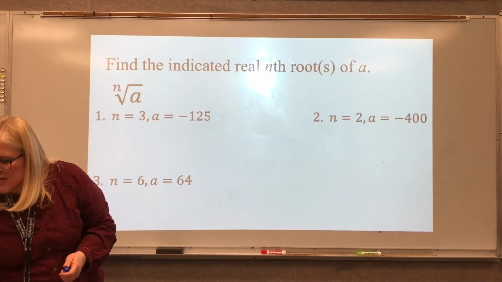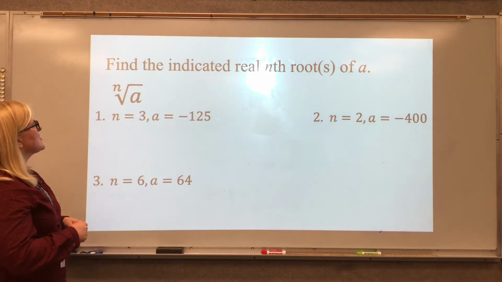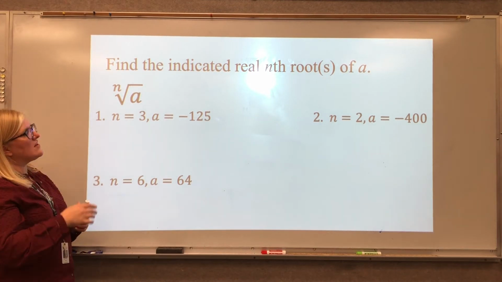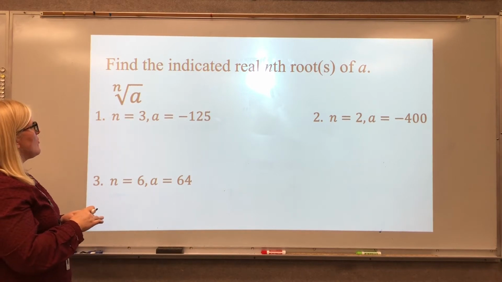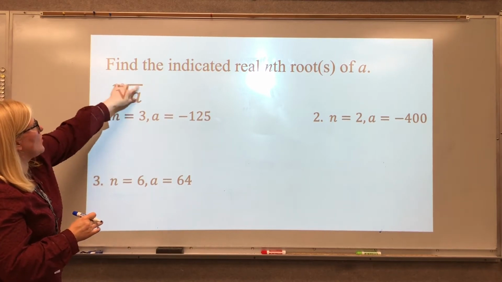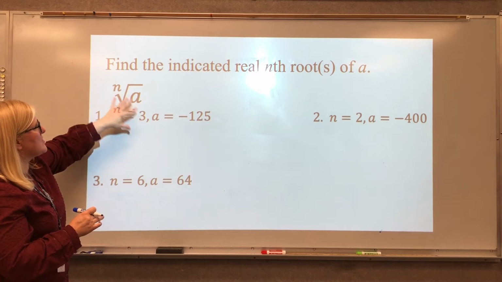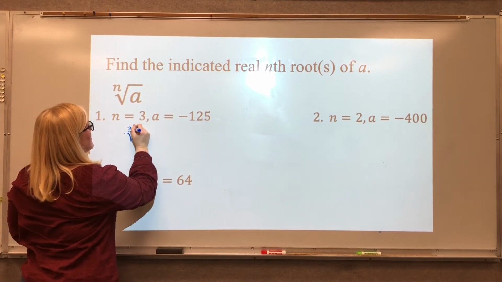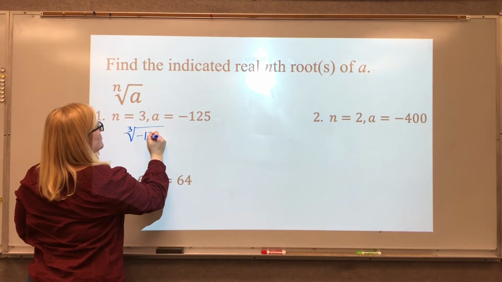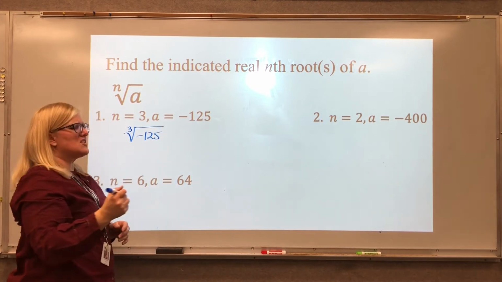Okay, so let's talk about this for a second. It says find the indicated real nth roots of a. So here we start. Here's what we're going to put our numbers in this form right here. So I've got the cube root of negative 125. But Mrs. Oldham, it's negative.